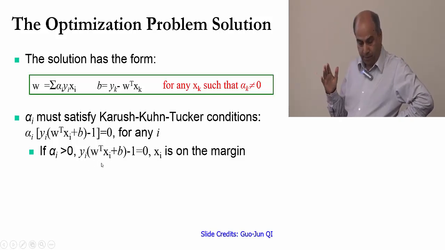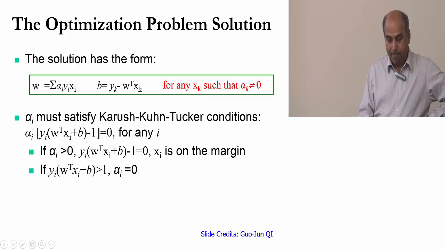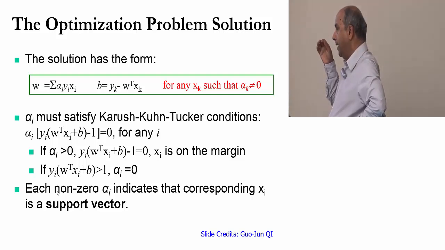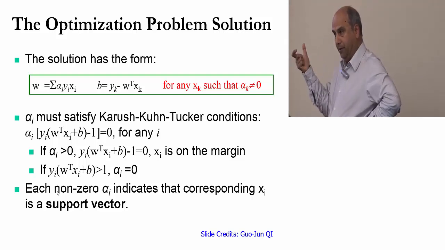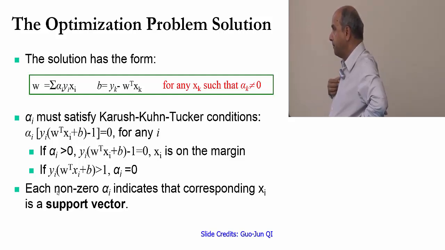These are at the margin. So if alpha is greater than 0, then these will be on the margin, and if alpha i is 0, then this has to be greater than 1. Therefore we are going to look at only non-zero alpha i, and they correspond to the support vectors, because it is very clear that the product has to be 0.